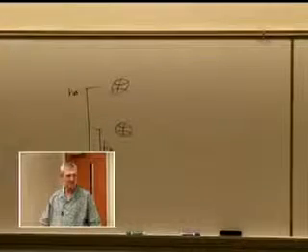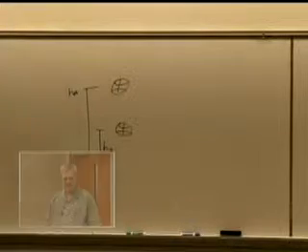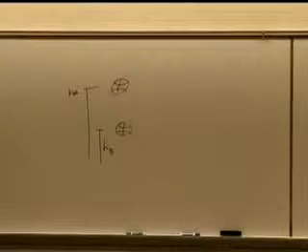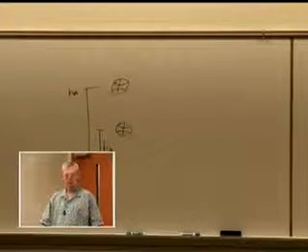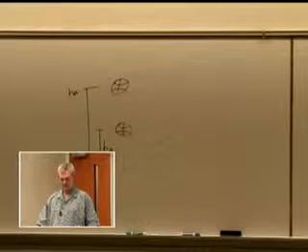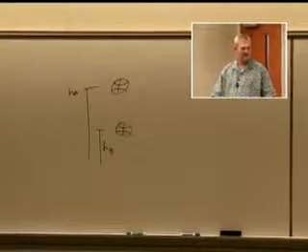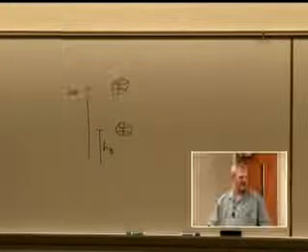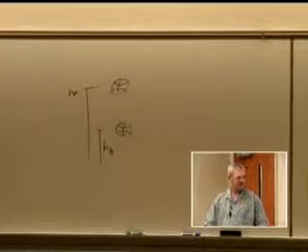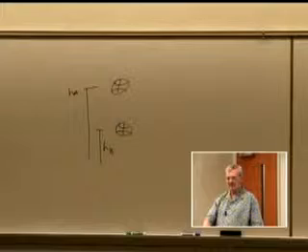What did the work? What created the force? Gravity created the force. Is the work that gravity did positive or negative? The work done by gravity would be positive because the movement is going in the same direction as the force.